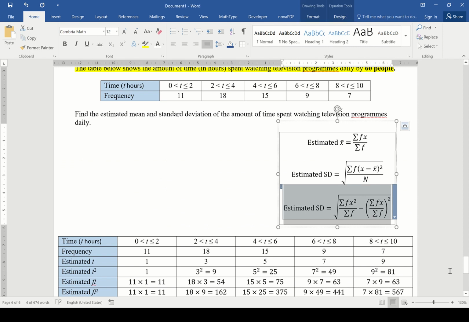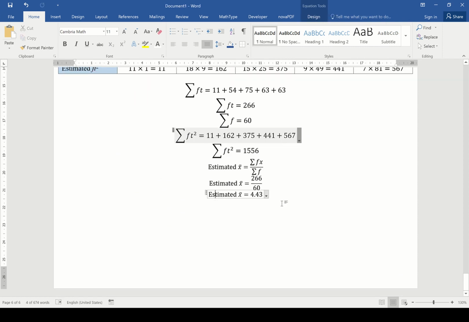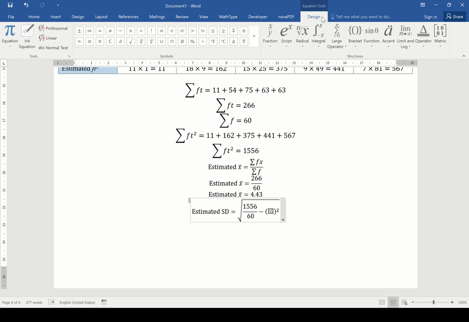And same thing for standard deviation, or rather estimated standard deviation. We don't have to write down the substitution again because everything is neatly arranged here. So summation of ft square is given by 1556, summation of f is given by 60, and this itself, as I say, is the mean. Actually if you calculate it yourself, it's an exact number. It's not an irrational number, it's actually a rational number.